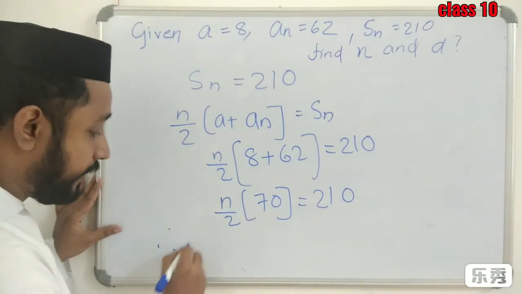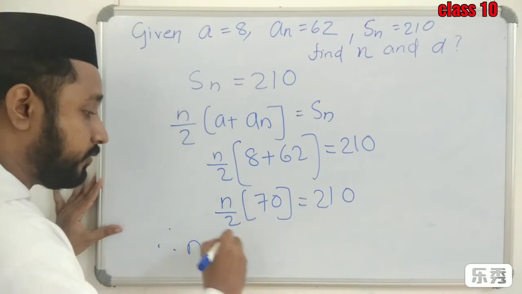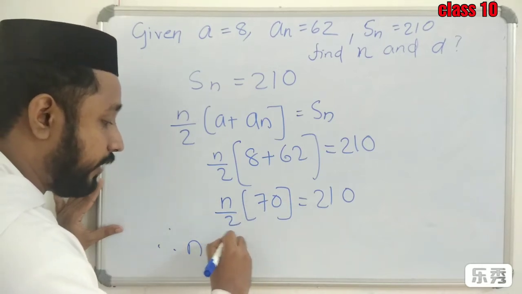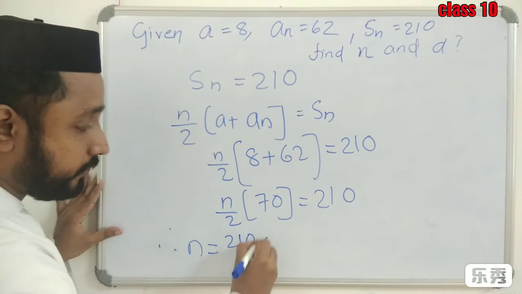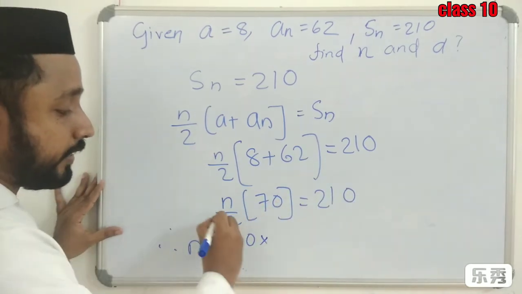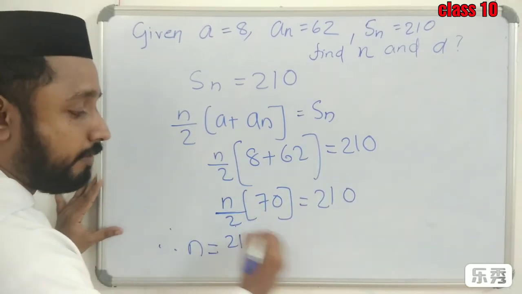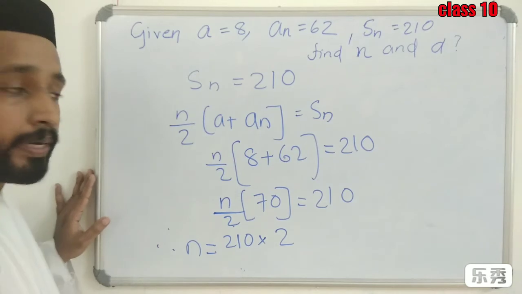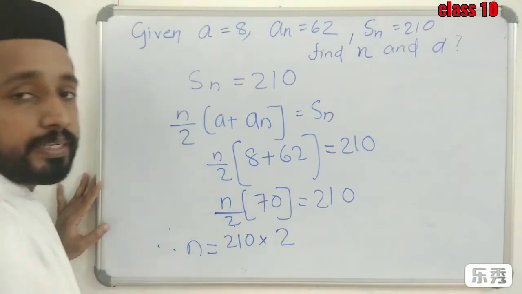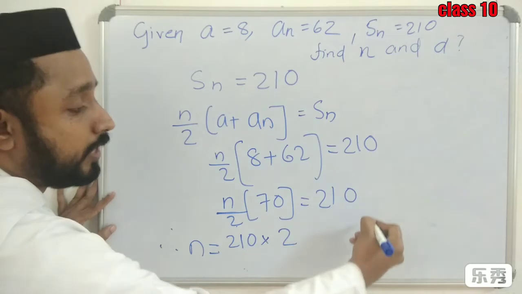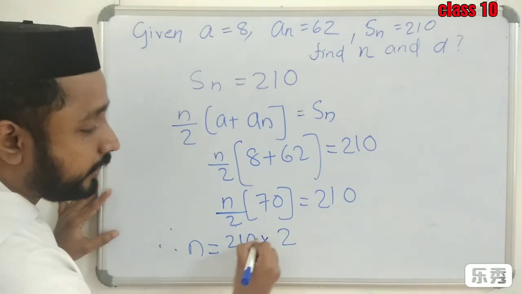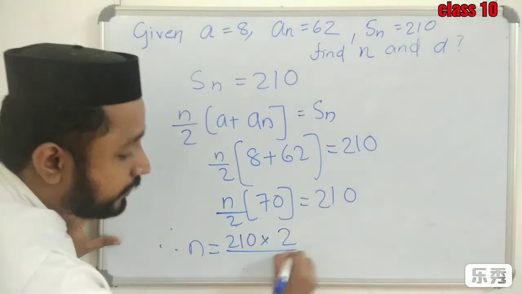Therefore, n is equal to 210 into 2, the 2 goes to the RHS. Here n by 2 is a division. When 2 goes to the RHS, it will become multiplication. Here n into 70, so 70 in the numerator, 2 in the denominator. When 70 goes to the RHS, then 210 into 2 by 70.